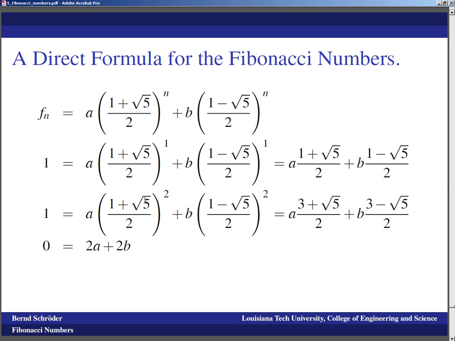Yeah, because if I do that, I get 1 minus 1, which is 0. The root 5s cancel in each case, which is rather nice. And if I subtract the first one from the second one, I get 3 minus 1 over 2, and I get 3 minus 1 over 2 here also. Well, okay, so those 2's shouldn't be there.